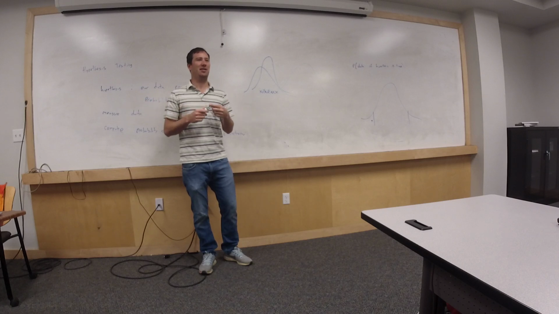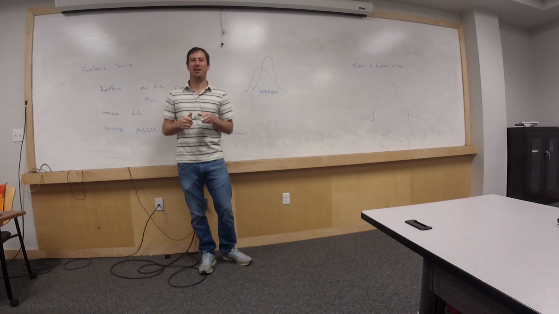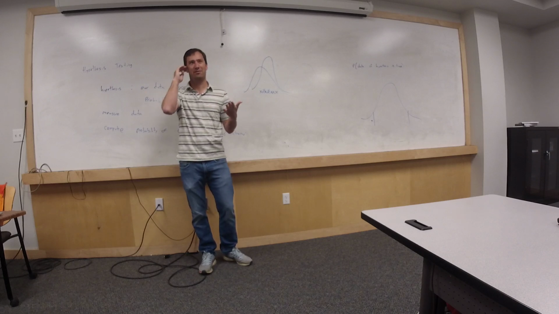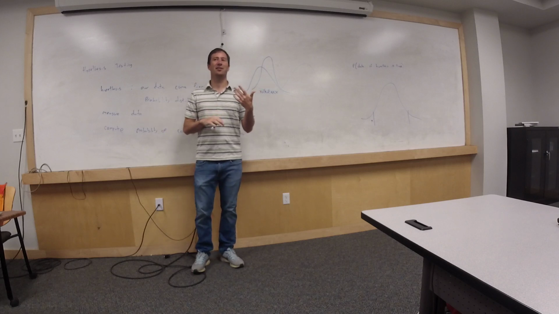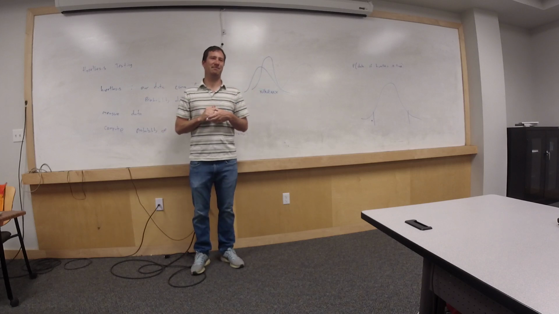I'm saying I need to be really, really sure before I reject this hypothesis. If I set my p-value to 50%, then I'm going to make a lot of conclusions, and they're going to be wrong about half the time. So I have to balance my desire to make decisions versus my risk of making mistakes.